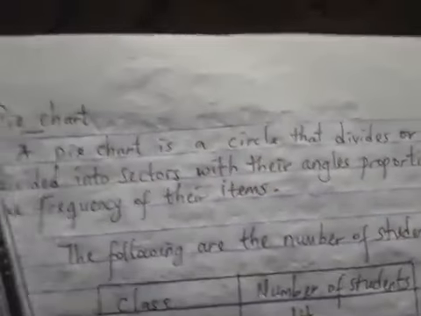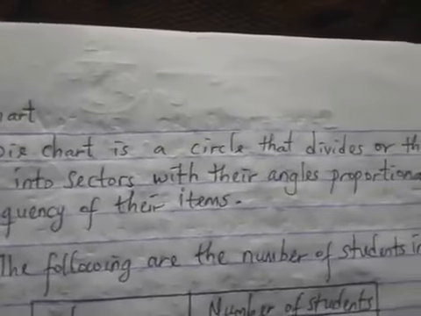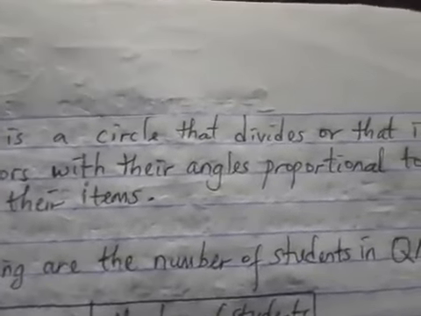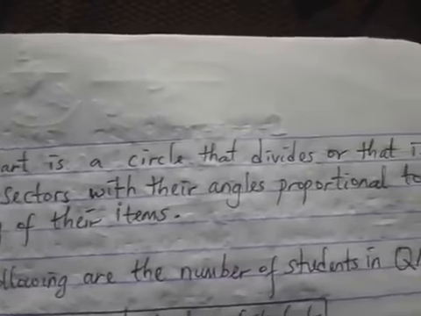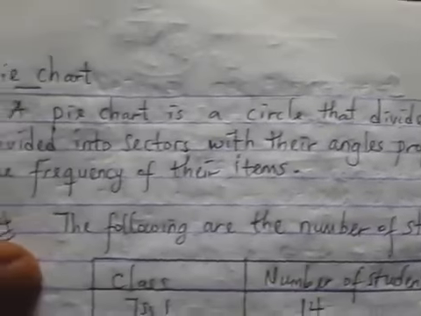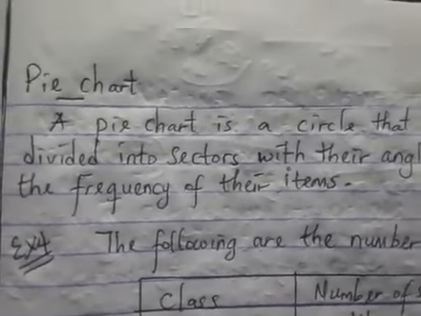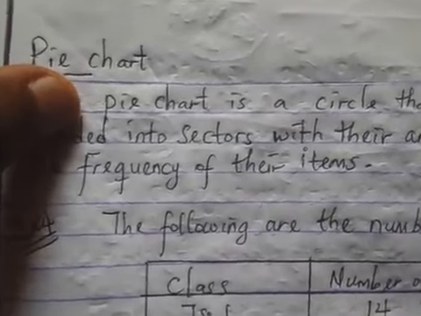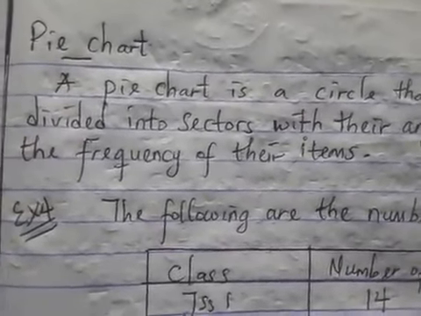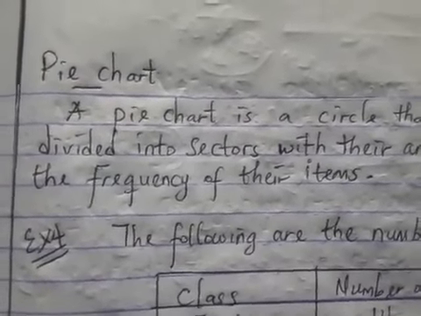A pie chart. If I ask you what is a pie chart, a pie chart is a circle that is divided into sectors with their angles proportional to the frequency of the item. What this pie chart is trying to say is that it is a circle divided into sectors according to the frequency of their item.